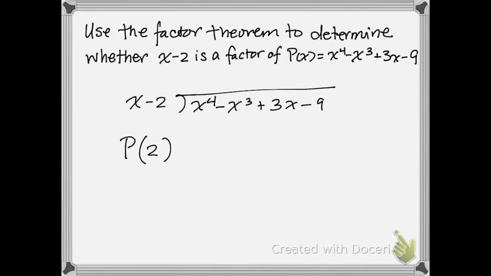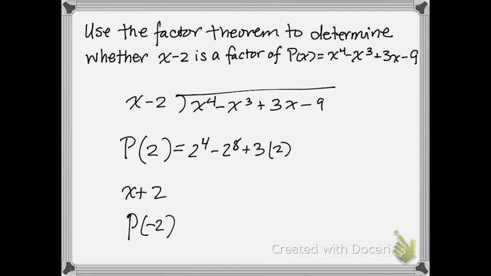If I wanted to check x plus 2, if x plus 2 were a factor, then I would check that with a negative 2. And then I simply plug it in to the polynomial. So this would be 2 to the 4th minus 2 to the 3rd plus 3 times 2 minus 9.